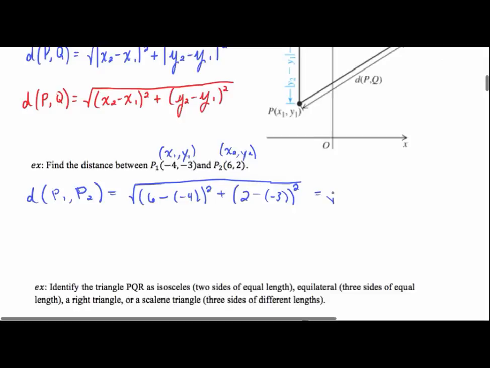Okay, so this becomes 6 plus 4, right, or 10 squared, plus 2 plus 3 is 5, 5 squared. So it comes to the square root of 125. Okay, is the exact distance.